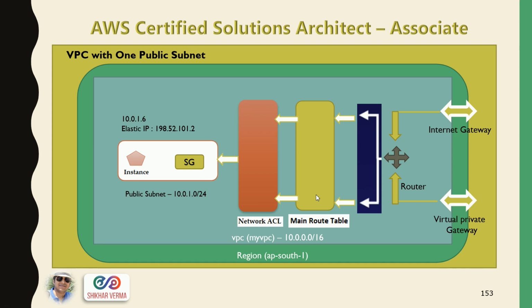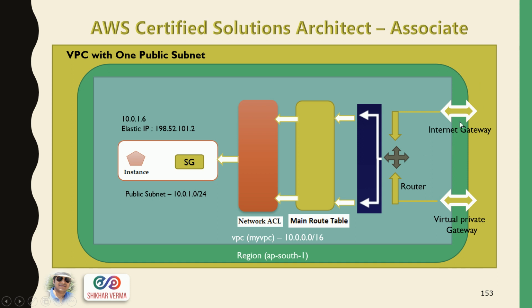So it means that if any subnet is going to attach with this main route table, it will have internet connectivity. I told you that once you create a subnet, it is connected to your main route table. So this is the default behavior, and this route table is connected to the internet gateway. Now next time when you create any subnet, that is going to be public only, because a new subnet will be created, and that new subnet will be connected to your main route table, the route table which was created with the VPC, and this route table is connected with this internet gateway.